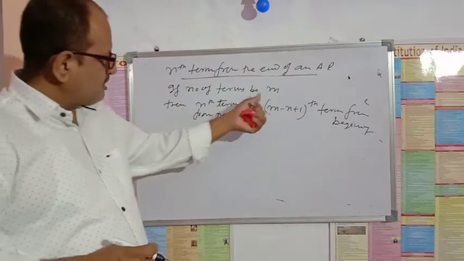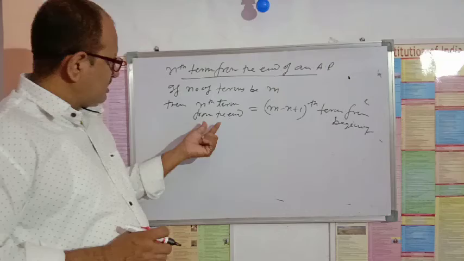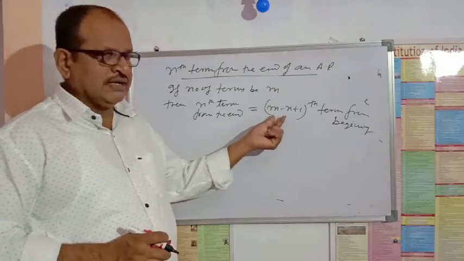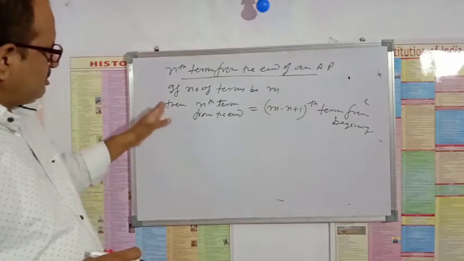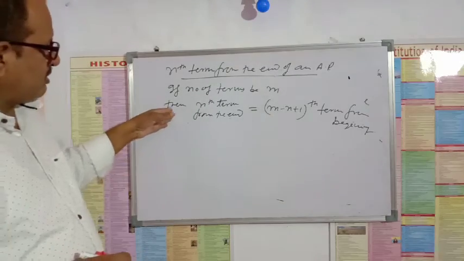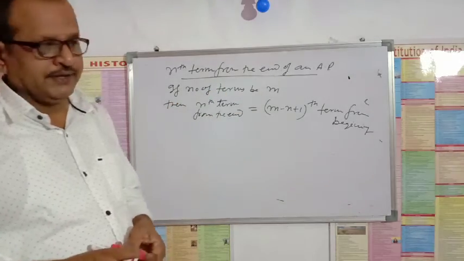If the total number of terms be m, then the nth term from the end is equal to the m minus n plus 1th term from the beginning. So these are two formulas for the nth term from the end.